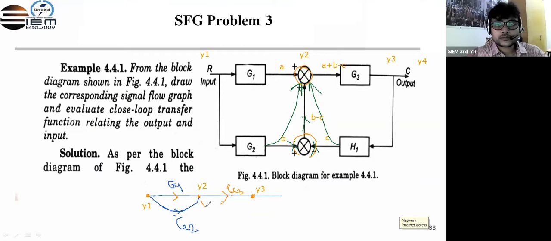and another path that is called feedback. A feedback path is there from y3 to y2.